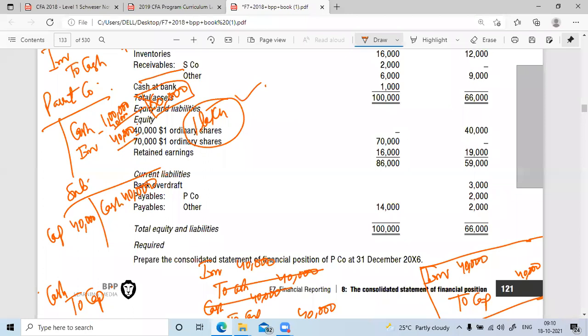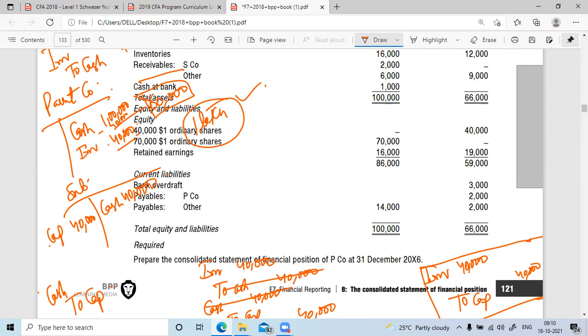It has not increased. So to show that as only 1 lakh, what shall we do now? Remove the intercompany transactions. So the investment they have shown is 40, and the capital they have got is 40.